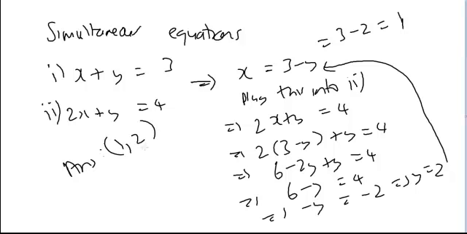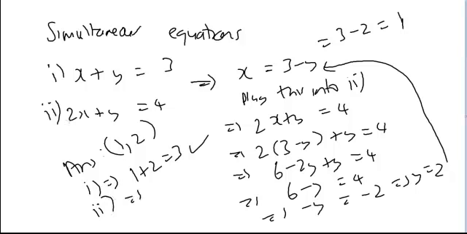And now I would check to see I got it right. So if x is equal to 1 and y is equal to 2, do both these equations hold? So equation 1 becomes x plus y is 1 plus 2, and that is equal to 3. So that's correct. What about equation 2?